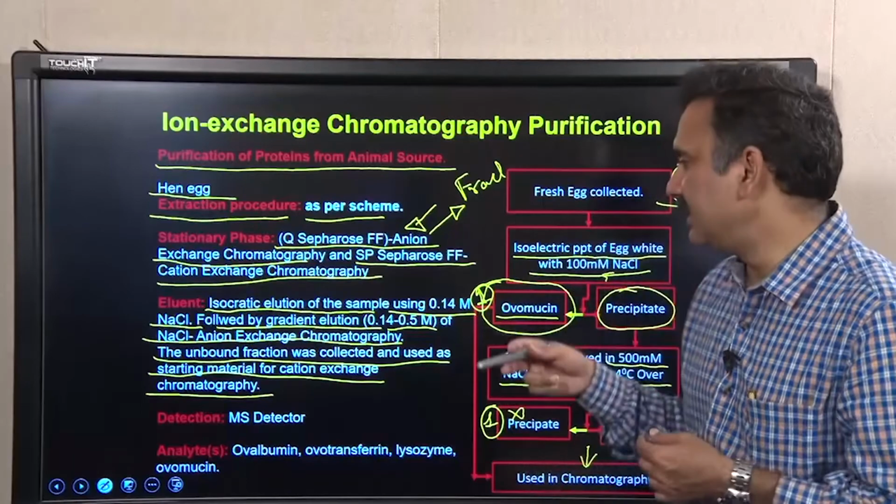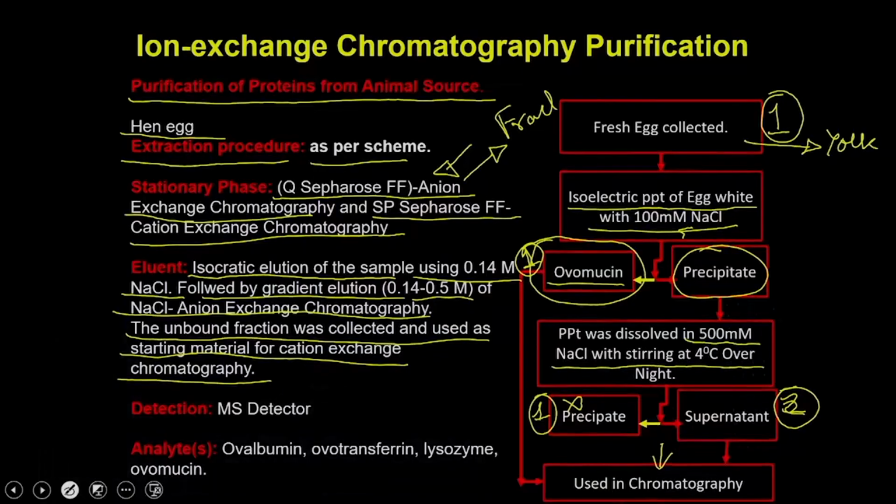Then you follow similar elution schemes, which means you first do the isocratic elution using 0.14 molar NaCl, and then a gradient elution from 0.14 to 0.5 molar.